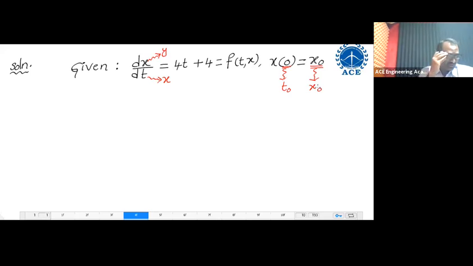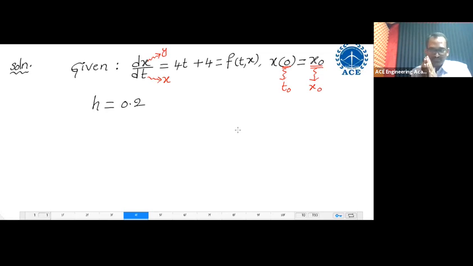Now you are asked to solve this problem using the fourth order Runge-Kutta method. Step size is denoted by h, but in this problem they mentioned step size as delta t. Delta t means step size only. Increment in x means only k.